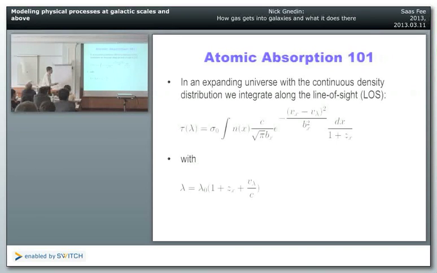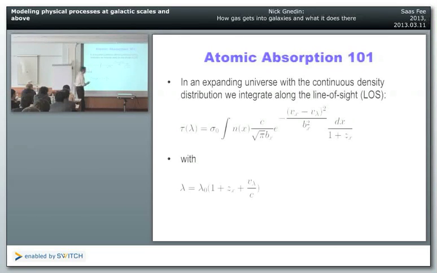So dx, what is this? This is comoving length. Yeah, by the way, every time I use x, I grew up with this cosmological connotation. X in cosmology means comoving length.